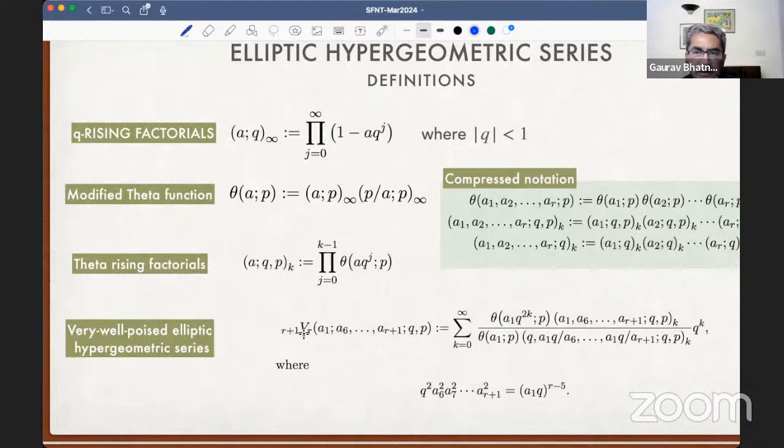Instead of the phi, we use the V, or rather, W is used in one variable for well poised, and we use a V, with this as the special parameter for the very well poised case, and there is a balancing condition. So A6 is linked with qA1 over A6, and A(r+1) is linked with qA1 over A(r+1). This is the very well poised part, and there is a balancing condition: the product of all these things should be equal.